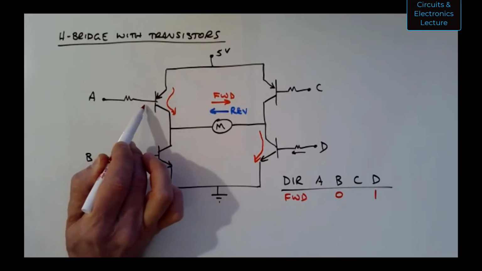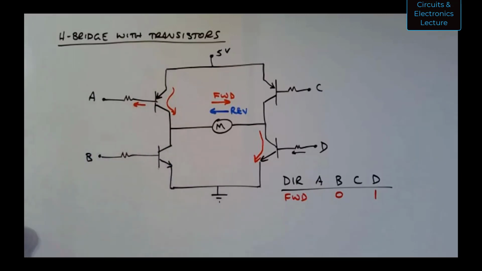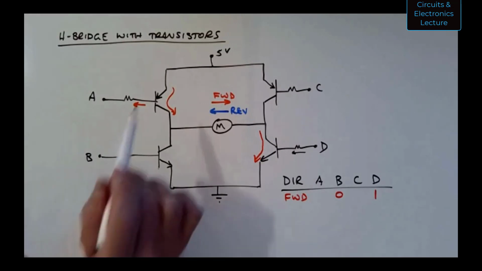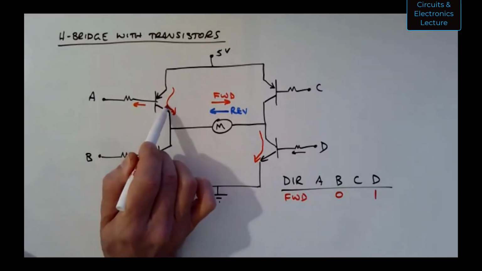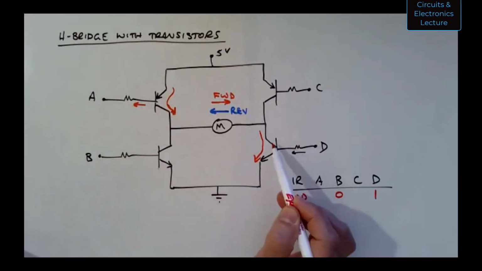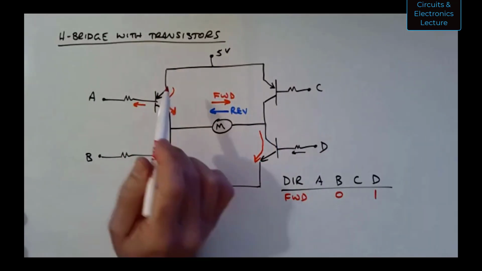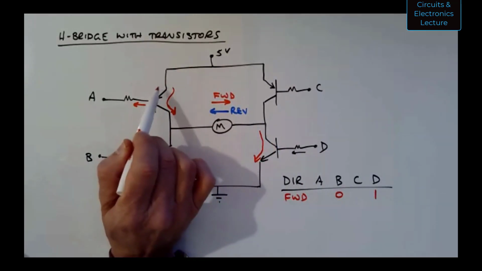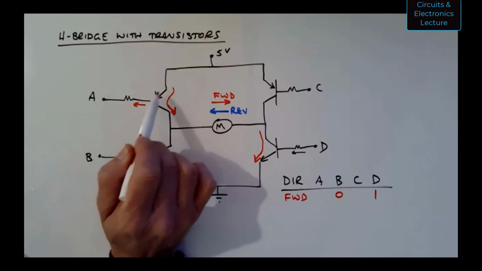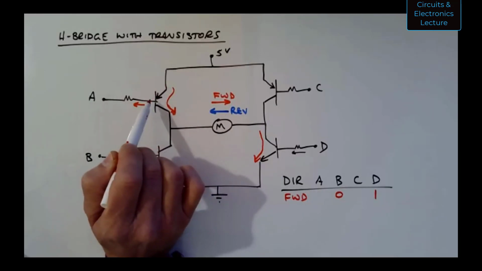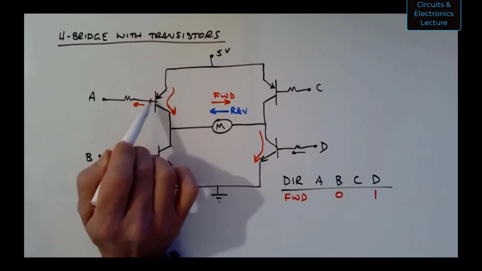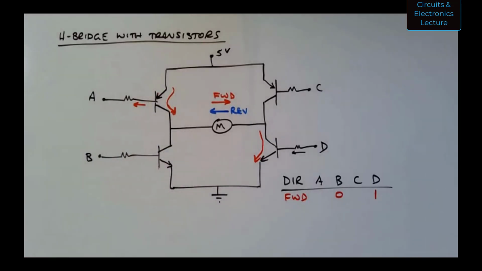This is a PNP transistor, so base current flows from right to left through that resistor connected to A, and collector current flows out of the collector instead of into the collector. So I need a voltage applied, VBE, the voltage between base and emitter. I need to apply a voltage of 0.7 for a silicon transistor so that current can flow through the base and cause collector current to flow.